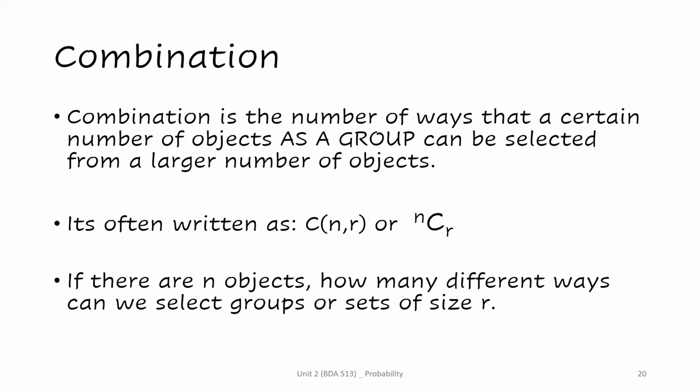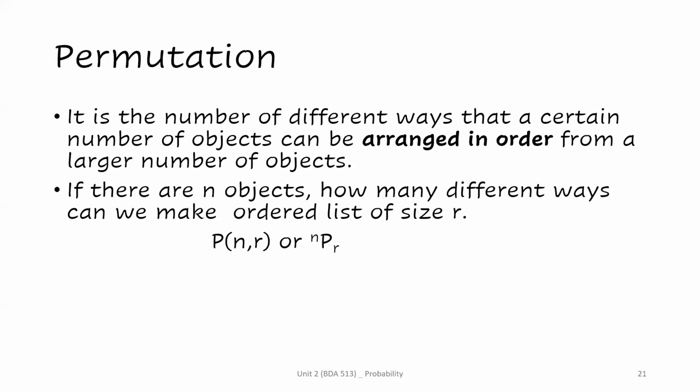We write it as C(N, R), or NCR. On your calculator, you can find it. The N is the total number of objects, and the R is the size of the group.